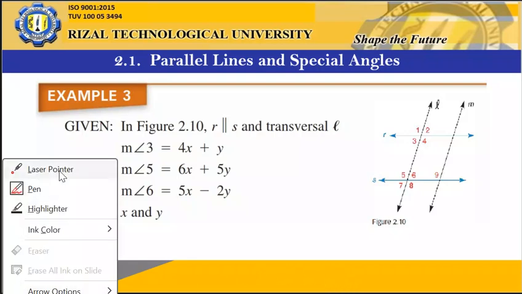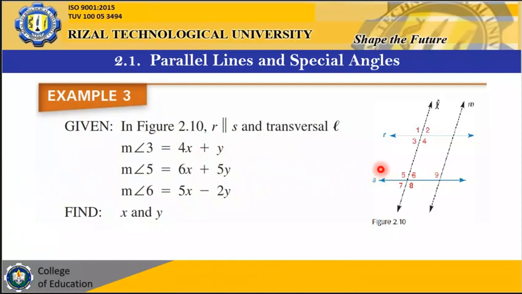So first things first, let's establish the relationship between the angles. We know that angle 3 here and angle 5 are interior angles on the same side of the transversal. Okay, and we can also see here that angle 5 and angle 6 form a linear pair.